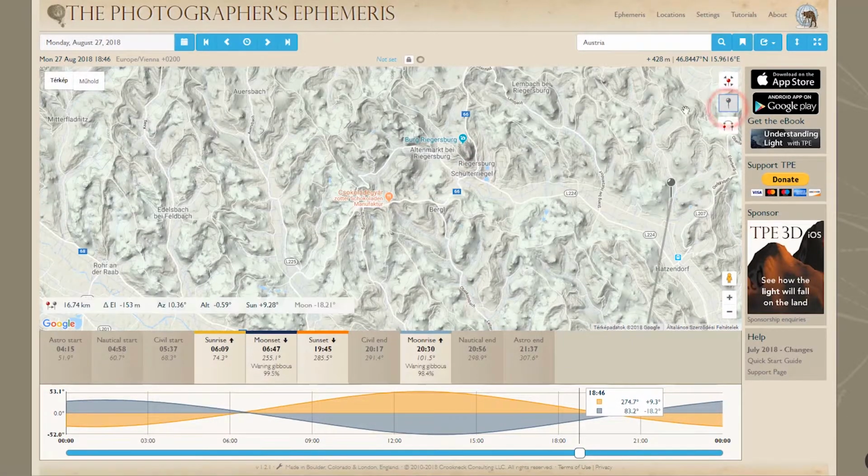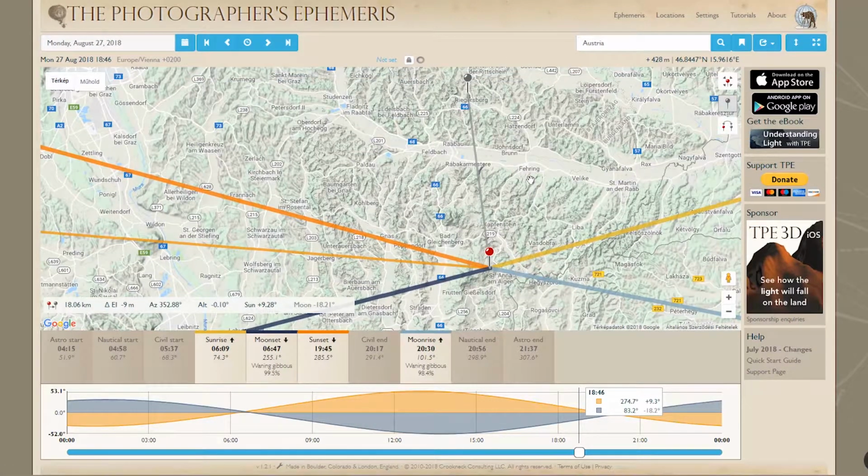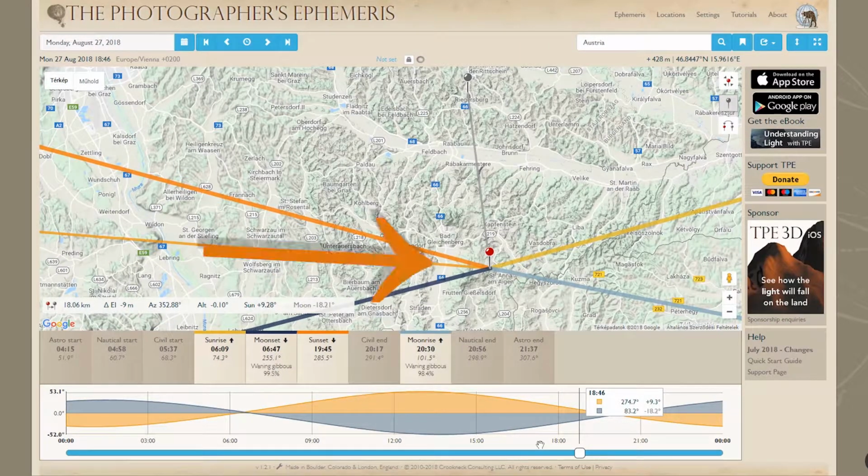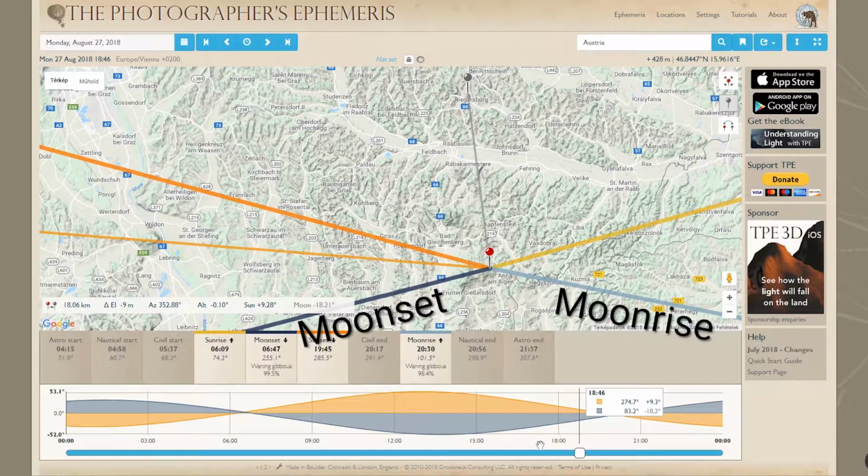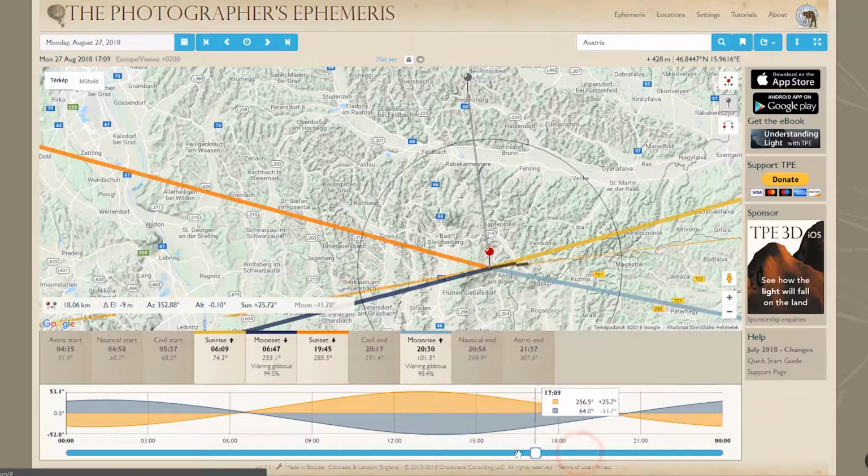This is the Regensburg castle, and you can see that the sun was above the horizon at 9 degrees, and it was shining just from my left side, almost at 90 degrees compared to my point of view, and this was just perfect. So in this application, the yellow lines denote the sunrise and the sunset, the blue and gray lines denote the moonrise and moonset, and as you slide the slider, you can see where the moon and the sun is. It's that easy.